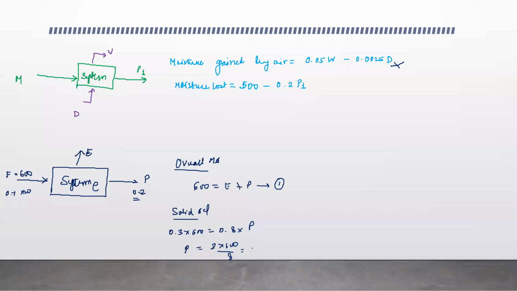So this is going to be 225 kg per hour, okay? This is your P. Then to find E, E is basically 600 minus 225, that is 375 kg per hour.